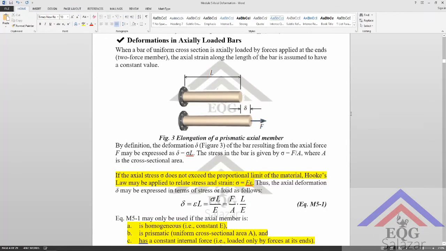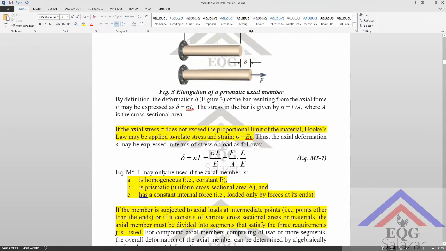So basically, we already went over this when we were talking about Hooke's law, but here we are formalizing the formula for it, and we see that it's still based off of Hooke's law, right? Stress is equal to modulus of elasticity times the strain. And then from that, we have force over area times total length over modulus of elasticity.